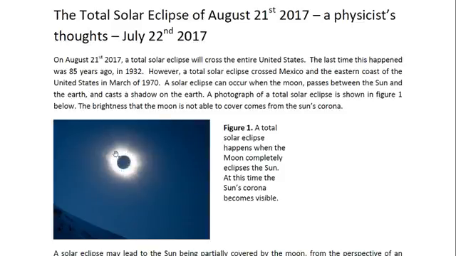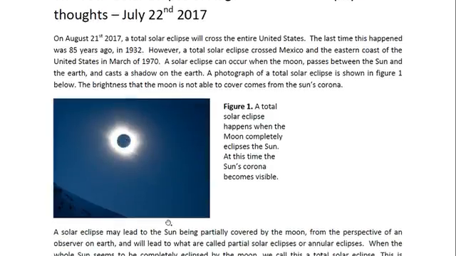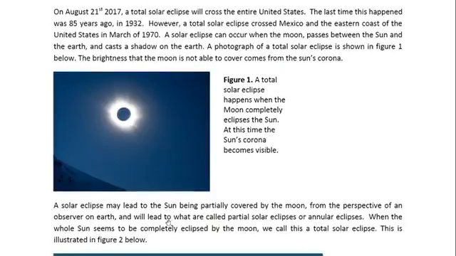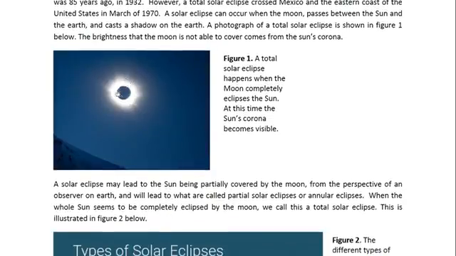What is left is the corona. The corona is visible around the edge of the moon in this photograph. And this is what a total solar eclipse looks like.